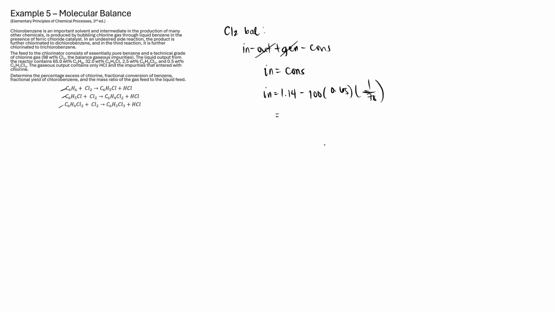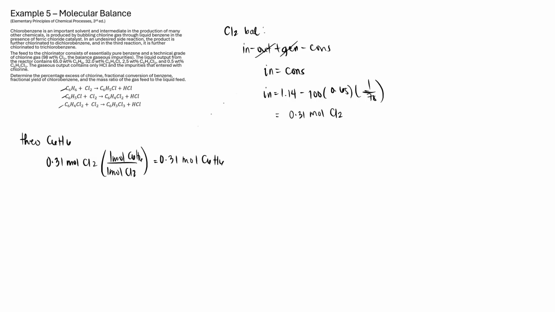So this means it's 0.31 mole Cl2. Okay, now we get the theoretical benzene. 0.31 mole Cl2. 1 mole of Cl2 requires 1 mole benzene. So in the end, theoretical benzene is 0.31.